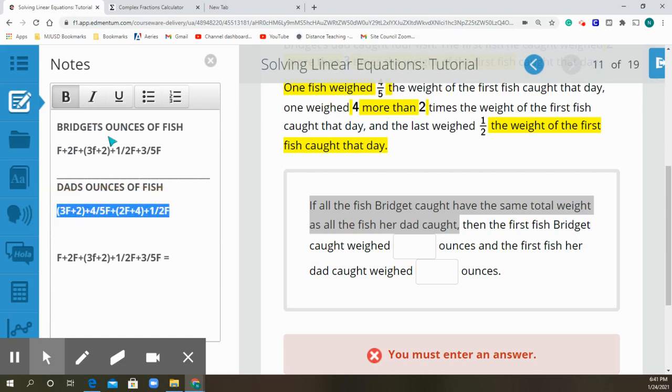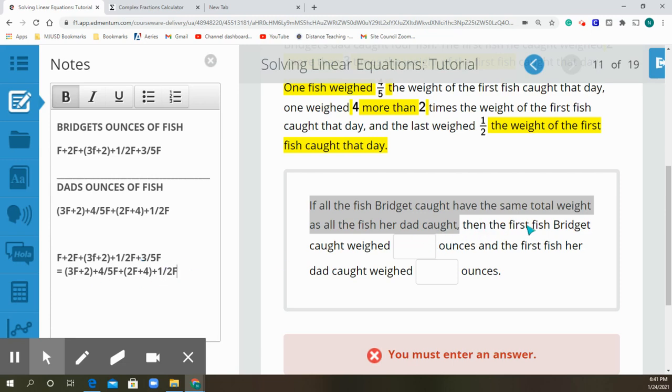All the weight that Bridget got and all the weight dad got are the same. I now have an equation. So these are equal.